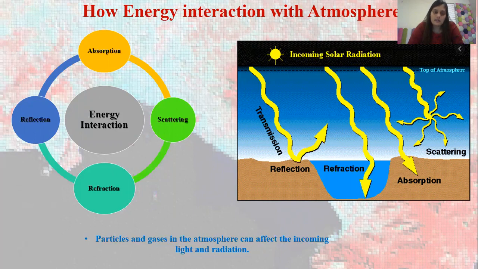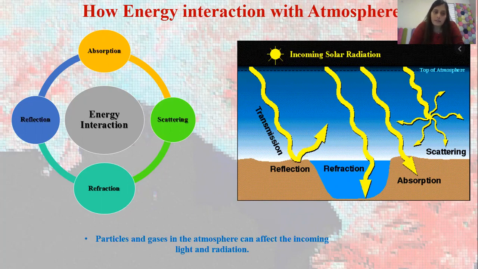That depends on the wavelength and what particles are present in the atmosphere. Accordingly, it will scatter, because every radiation has its own property, and when it interacts with the atmosphere it meets the other property, and that is why this phenomenon occurs. So moving further, we will discuss all these four in detail. Students, remember, you have to explain this energy interaction with the atmosphere because it is very important. When we are making such expensive sensors, we have to take care of all these interactions, because our sensor is in space.